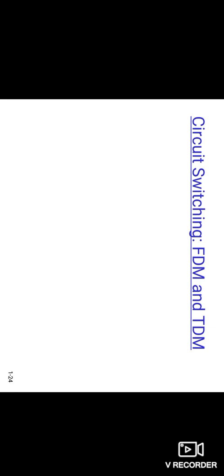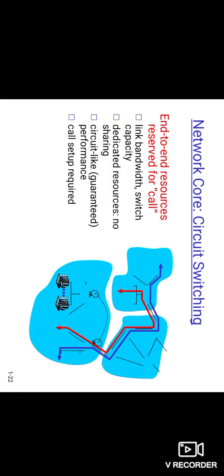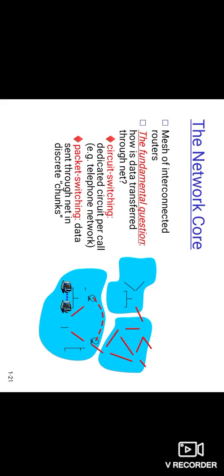And today we are discussing the network core. The network core means here arise two methods, that is circuit switching and packet switching.